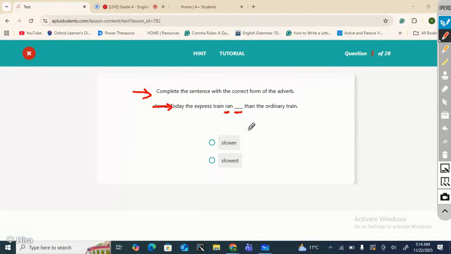Now, how many actions are compared? Two actions. So, which adverb is used to compare two actions?